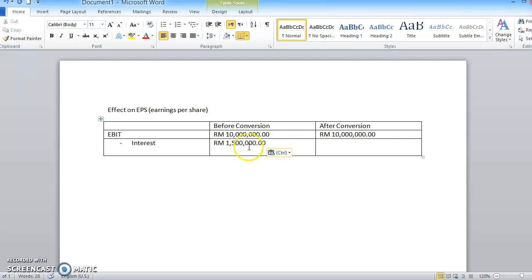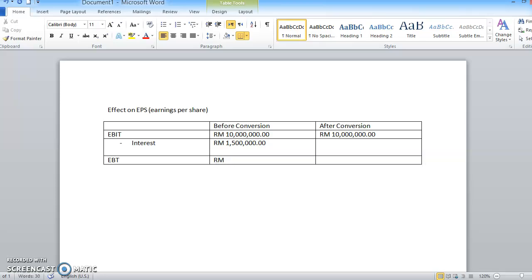So 1.5 million, right? So again, you will get your answer as EBT, of course, earning before tax. We already minus the interest, so EBT is left over here.